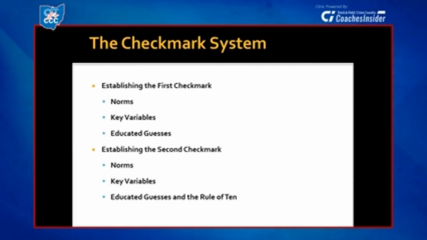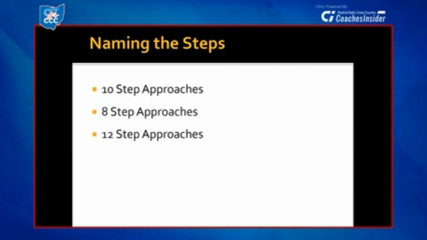Now, when we look at the high jump, typically approaches range from 8 steps in length to 12 steps in length. 8-step approaches are for your very, very most developmental athletes. Even athletes at the high school level, probably 8 steps is typically a little bit too short. 12-step approaches are for elite level jumpers.